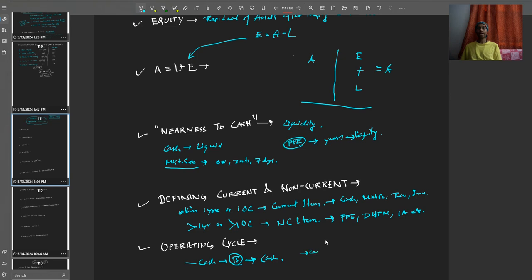You enter cash and you take in raw materials as inventory, then you create a product, then you sell it. When you sell it, you get the revenue. This revenue is basically your cash coming back as cash. So this is the entire operating cycle. How much time it takes is defined as the operating cycle. Generally, for current and non-current definitions, we use 1 year only. That is considered the standard, but sometimes the operating cycle can also be used.